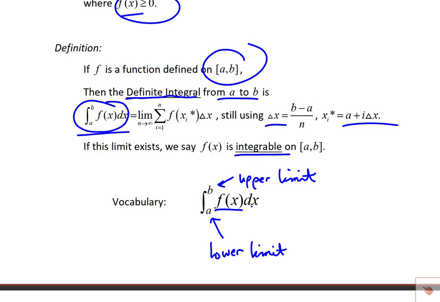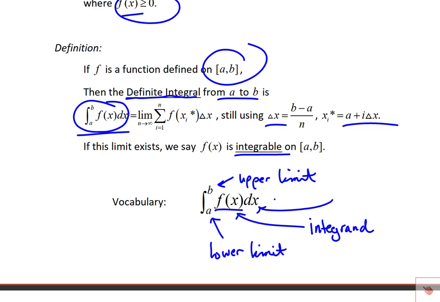Now the function itself, f of x, following this integral symbol, is called the integrand. Simply put, it's the function that is being integrated. And then this dx, which we see at the end, we've already explored in the context of derivatives, even the differentials.